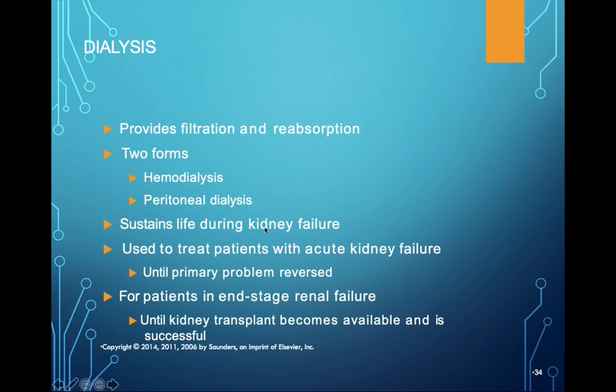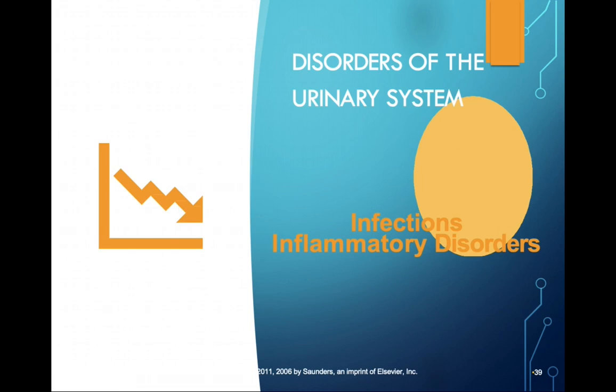It's used to treat patients with acute kidney failure or for people at end-stage renal failure. There's two forms of it. There's hemodialysis and peritoneal dialysis. Hemodialysis really is using a machine where there's a semi-permeable membrane outside of the body, and the peritoneal dialysis uses the peritoneal cavity as that permeable membrane.